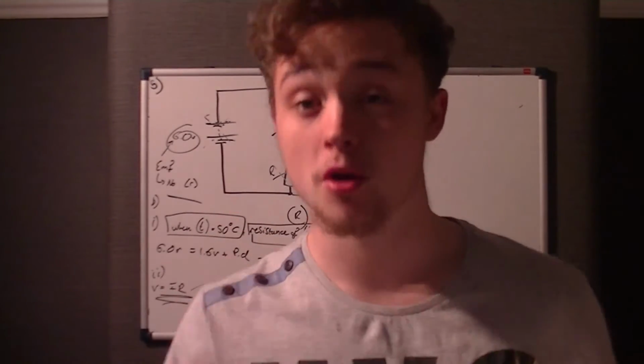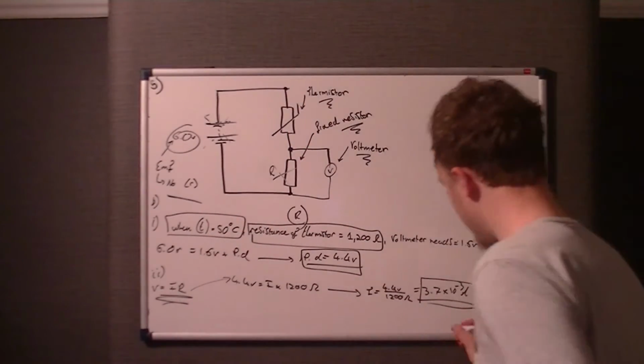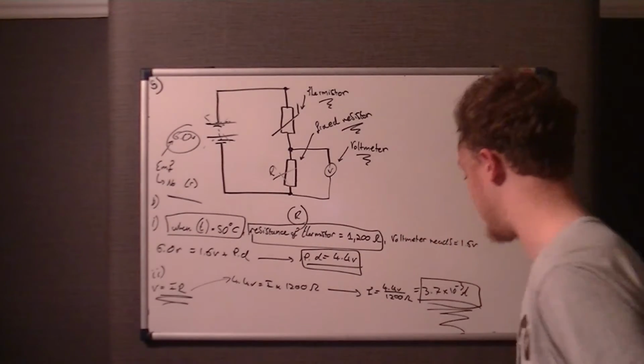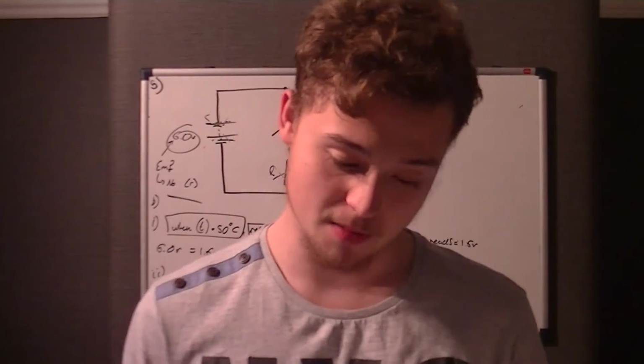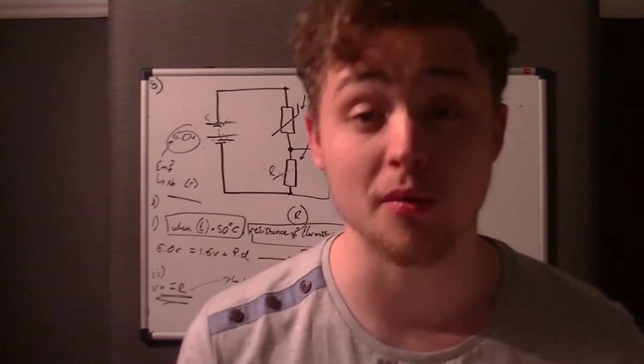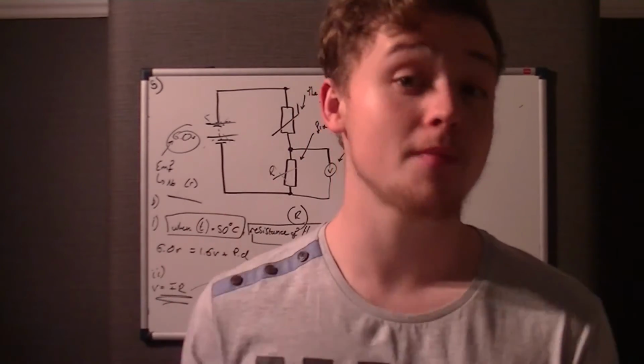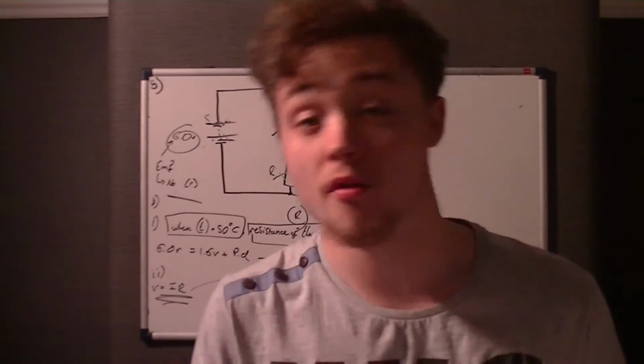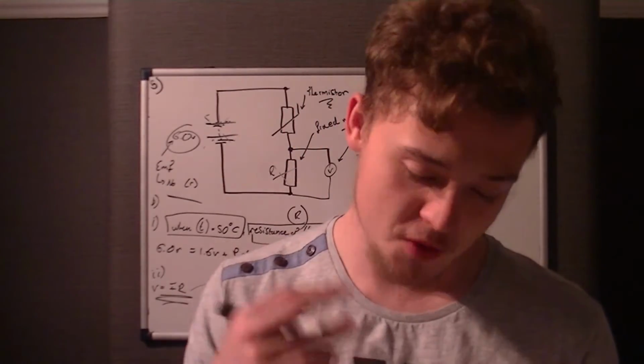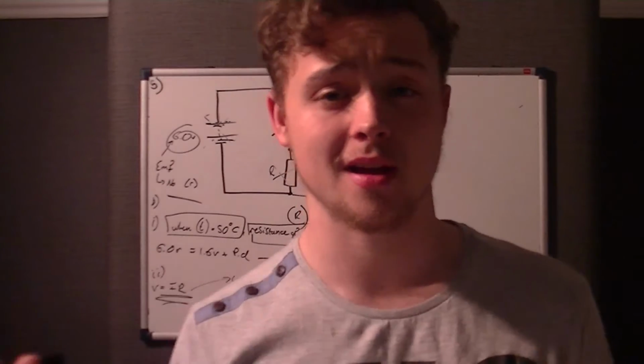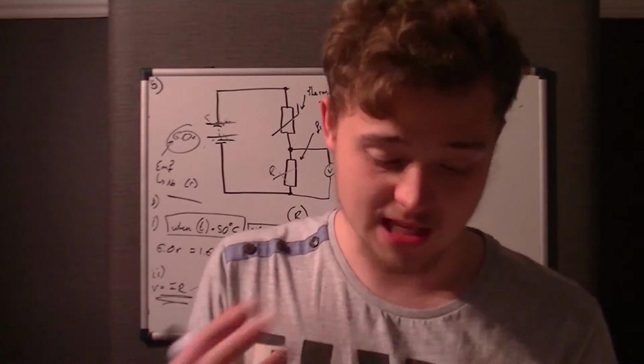Now for this, the way I've worked this out, the value of the current, which is about 3.7 times 10 to the minus 3, is actually a rounded figure. When you type 4.4 over 1,200 into your calculator, you get something like 3.66, and it continues until you get to the 7, times 10 to the minus 3.